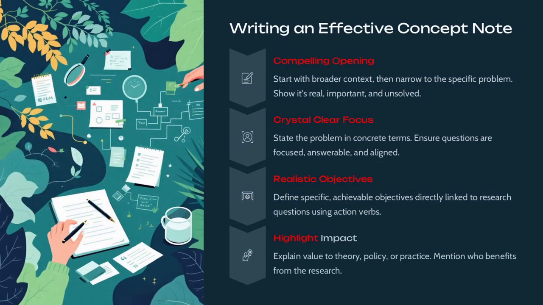Writing an effective concept note involves these basic steps: the compelling opening, crystal clear focus of your own ideas, and then realistic objectives. You can't just talk about any objective which cannot be met or cannot be achieved.